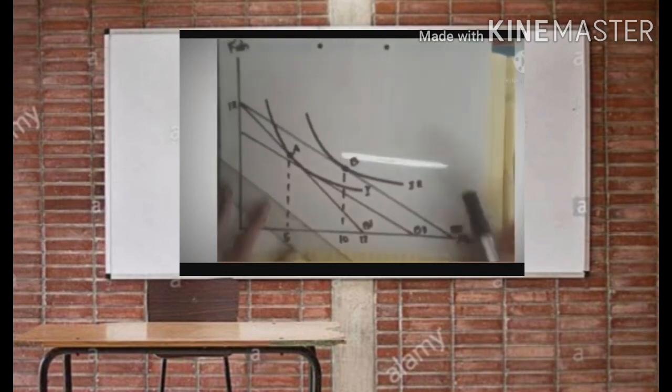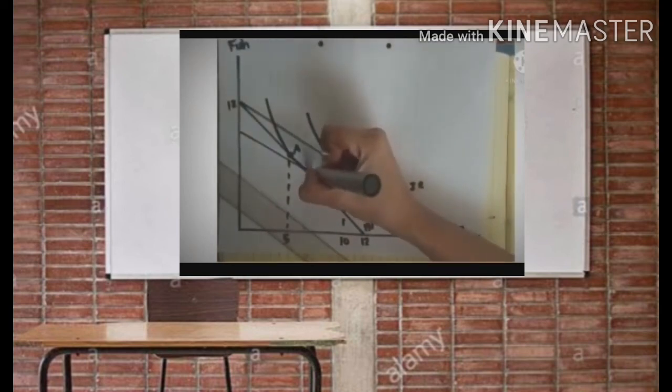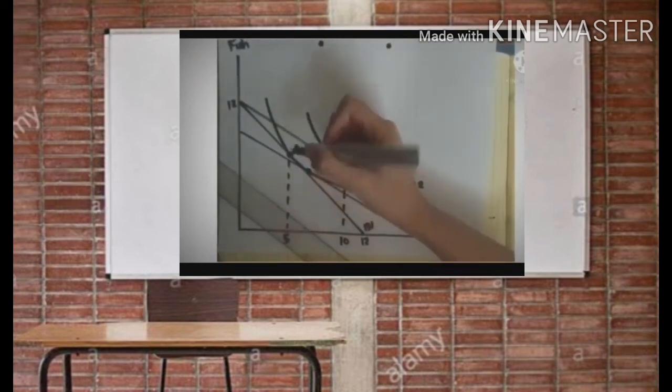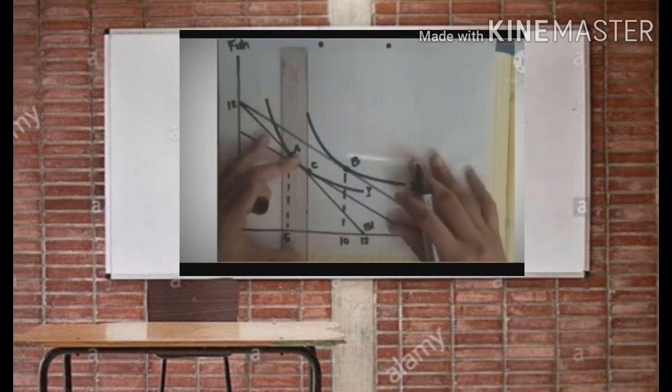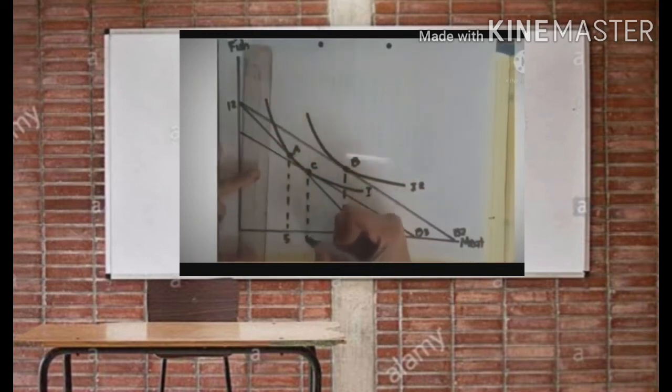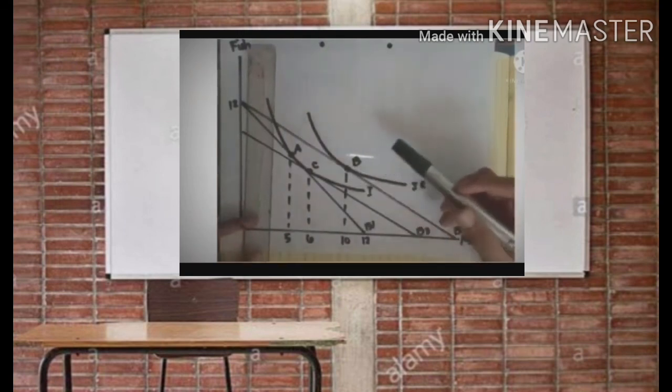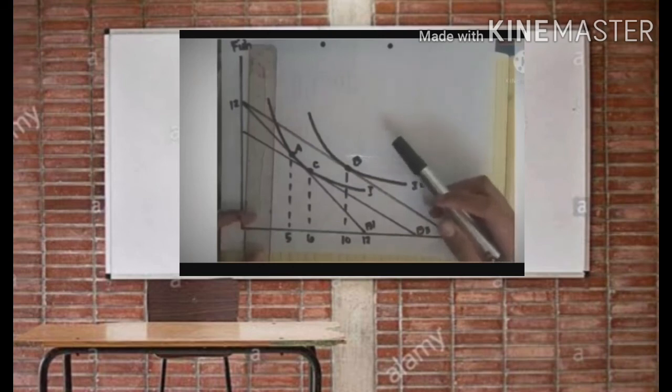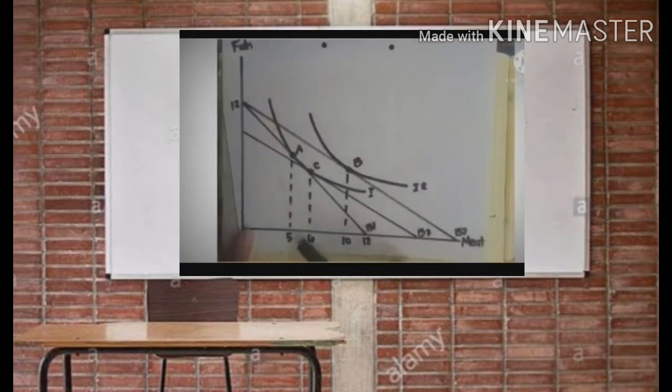It must be tangent to the original indifference curve. So here, point C. And let's say he's now consuming 6 kilos of meat. So the effect of the change in relative prices, holding income constant, is the increased meat consumption of 1 kilo. That is the substitution effect.